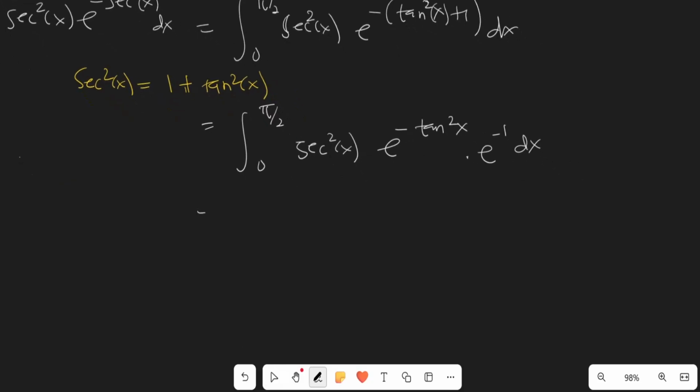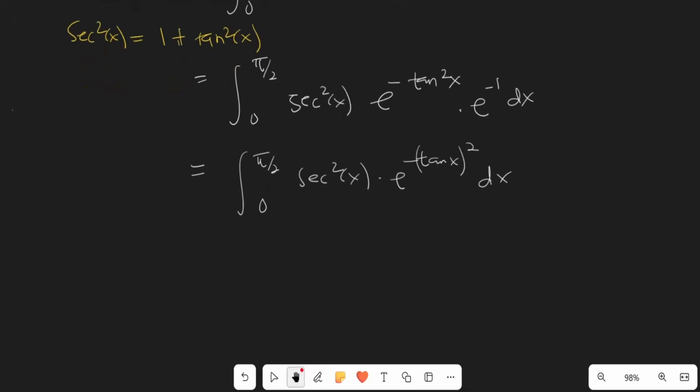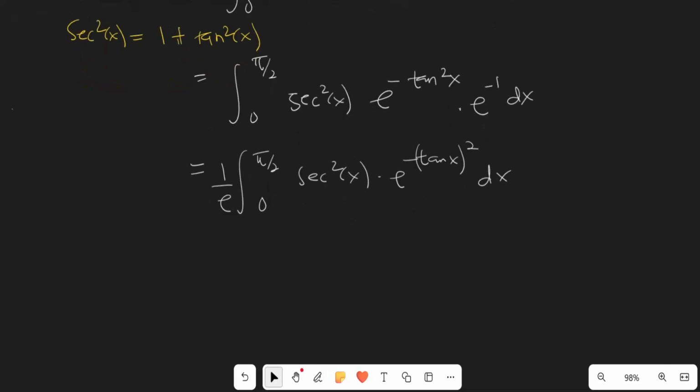That is by splitting the exponential function: secant squared x times e to the negative tan squared x dx. 1 over e is a constant, so it can come in front of the integral.